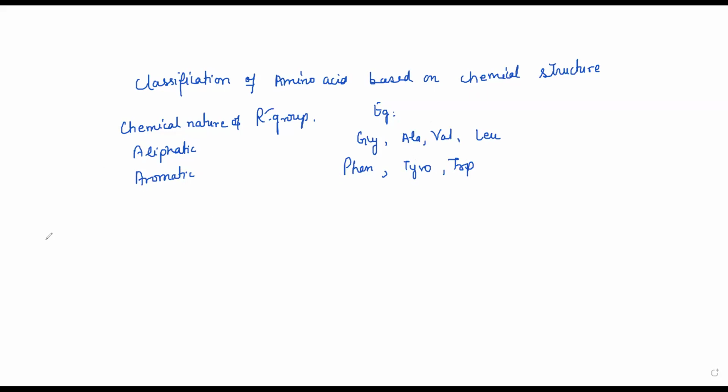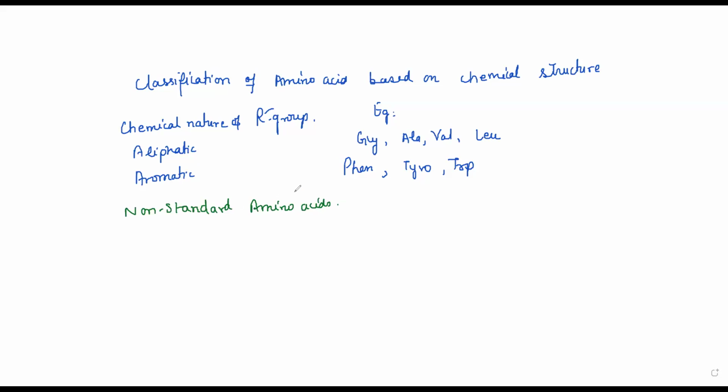Then we have non-standard amino acids also. More than 300 amino acids have been found in the cells, as I have already told you. Besides their role in proteins, amino acids and their derivatives have many other important biological functions.